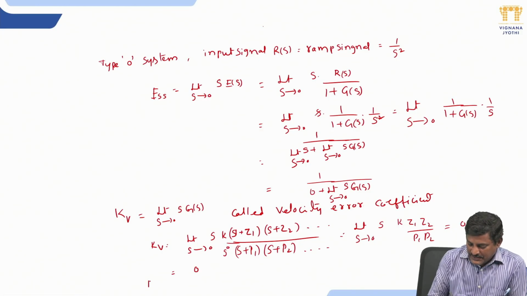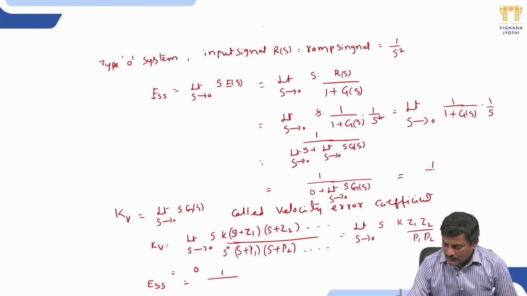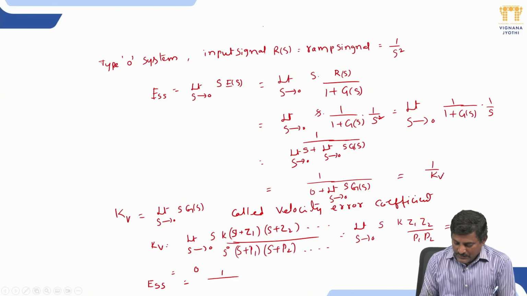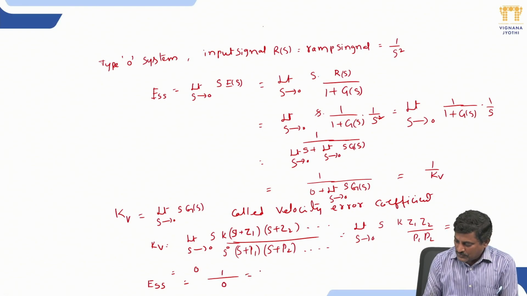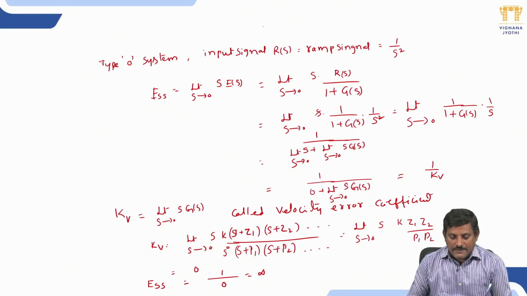What about the steady state error? Steady state error ESS is equal to 1 by Kv. Kv is equal to 0, so it is equal to infinity. What do you understand here? For a type 0 system, when the input is a ramp signal, steady state error is equal to infinity, velocity error coefficient is equal to 0.